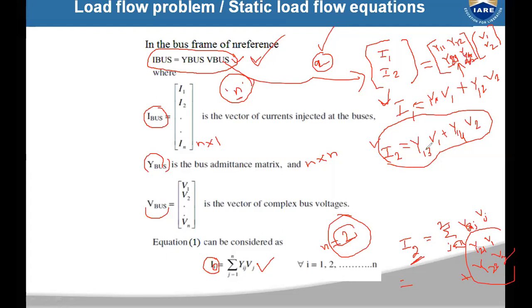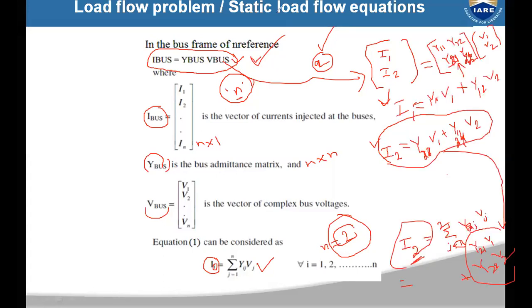So I2 is equal to Y21 V1 plus Y22 V2, and these two are the same. So this equation is valid. Okay, like that, by using this equation, you can know the current injected at any bus for an n bus system.